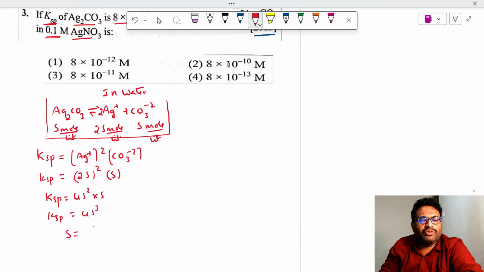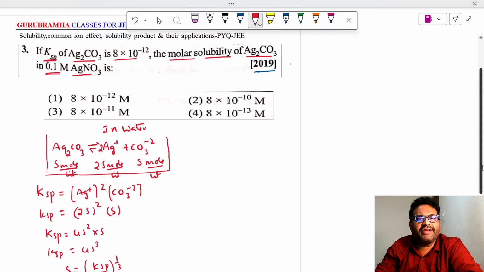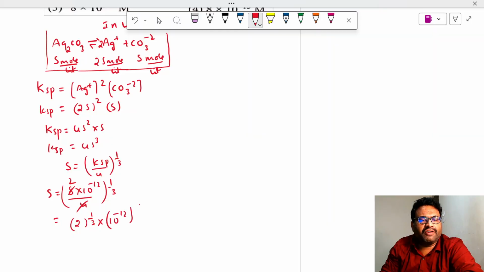So S is equal to Ksp by 4 whole power 1 by 3. Ksp is given already as 8 into 10 power minus 12. So solubility is equal to 8 into 10 power minus 12 by 4 whole power 1 by 3. So 4 2's, 2 power 1 by 3 into 10 power minus 12 power 1 by 3. So 3 4's 12. Then 2 power 1 by 3 into 10 power minus 4 molar.